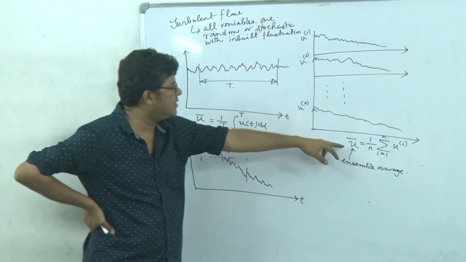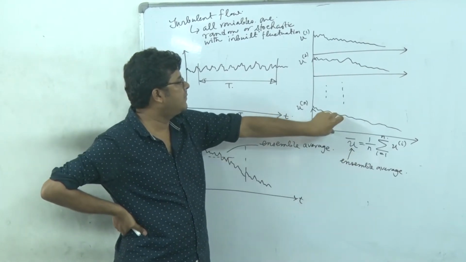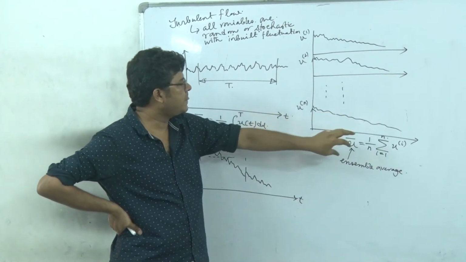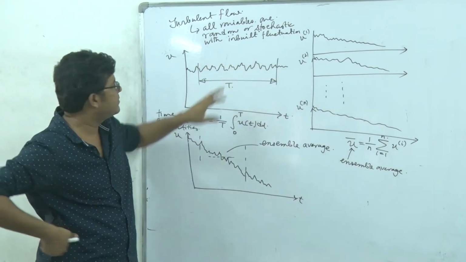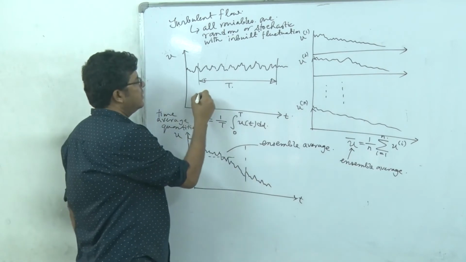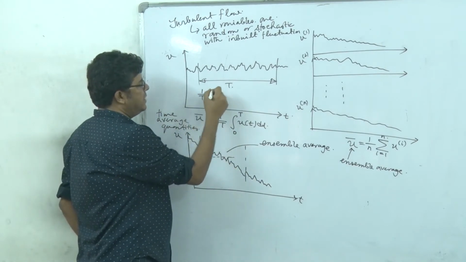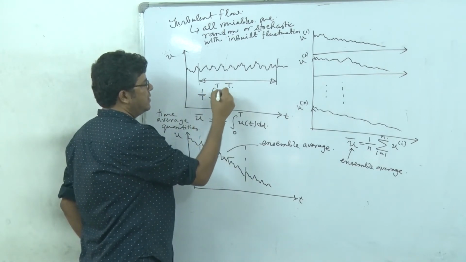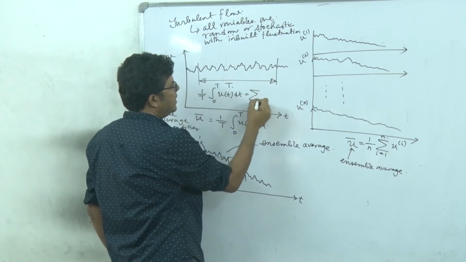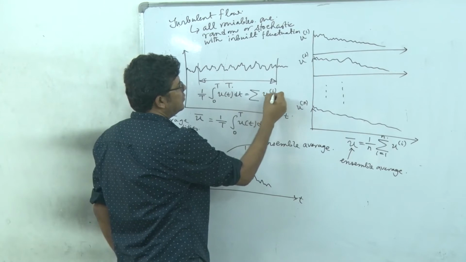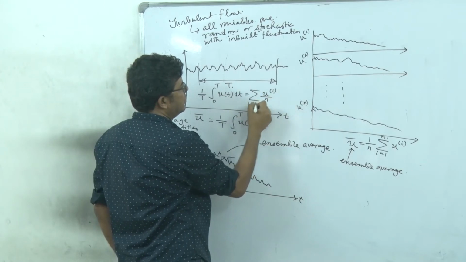So definitely you have to understand that this average and this average are same if the mean velocity at a specific time is not changing with time. Here 1 by T integral 0 to T of u(t) dt theoretically will be same as the summation of u superscript i by n, i equal to 1 to n.